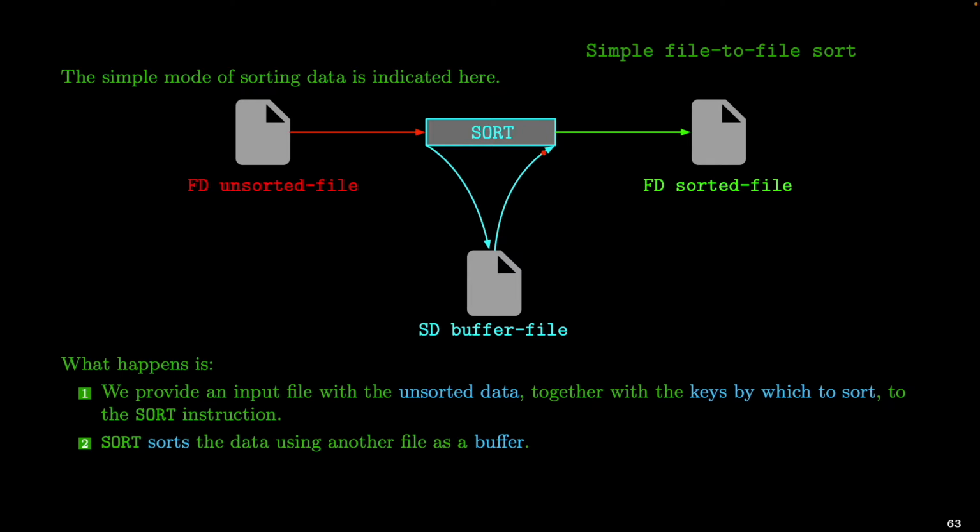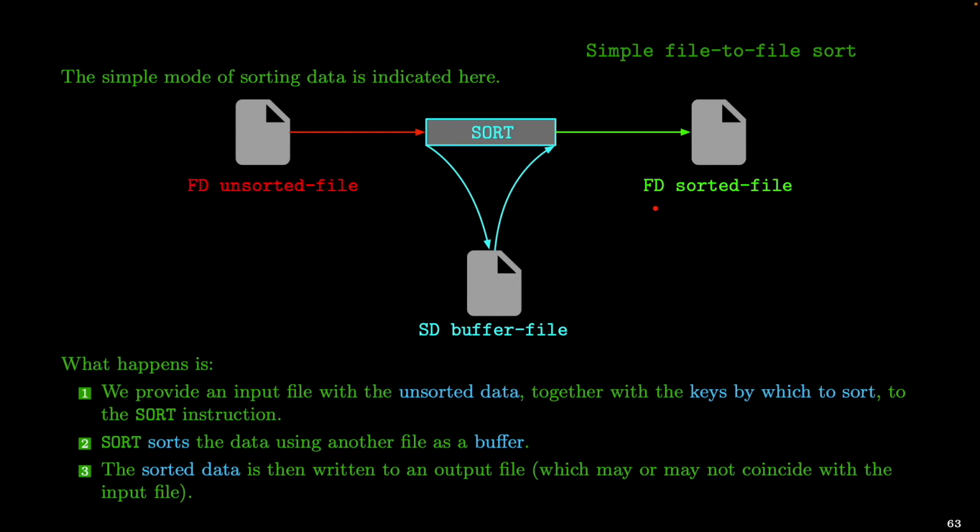Then the sort procedure sorts the data using another file as a buffer. And this other file actually has to be declared as SD. So this is a special file descriptor for these sorting buffer files. Finally, the sorted data is written to an output file, which again is just an ordinary COBOL file, and this may or may not coincide with the original input file. So if they coincide, then of course the original unsorted data will be overwritten.